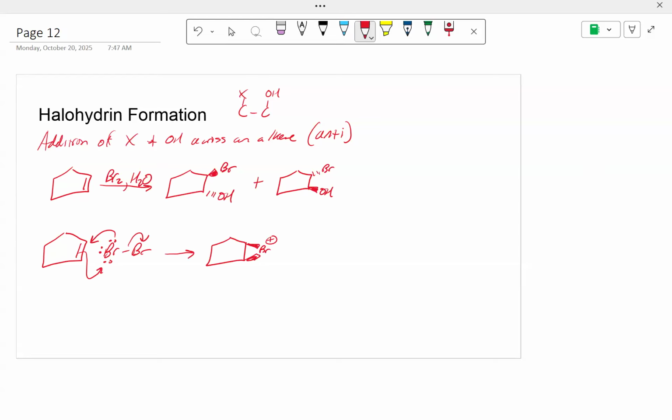And we still end up with half going up, half going down. I'm not going to show the mechanism for the down one. It's the same. But instead of having bromide attack the bridge, water is going to attack.